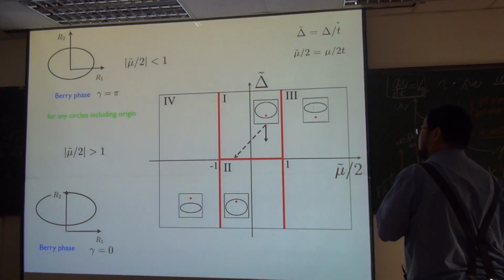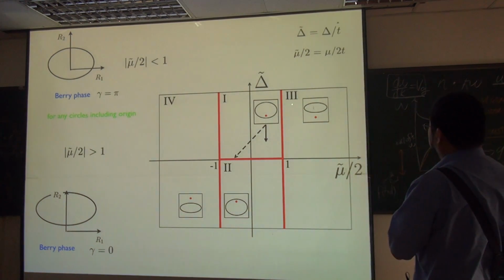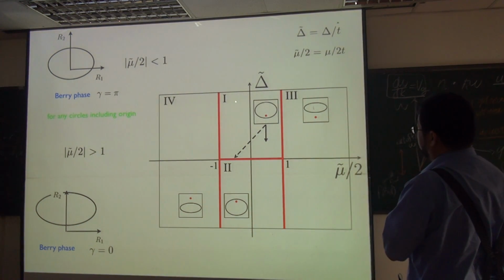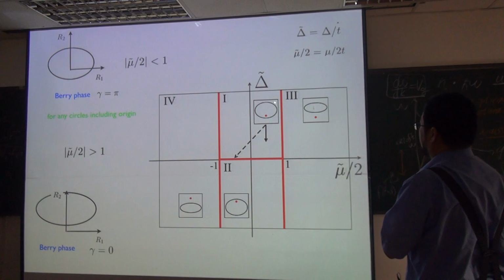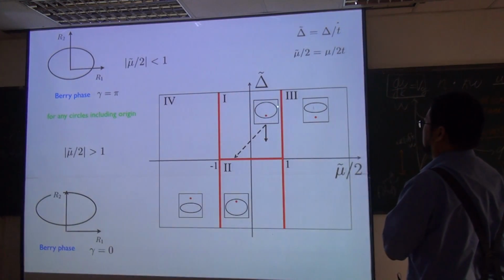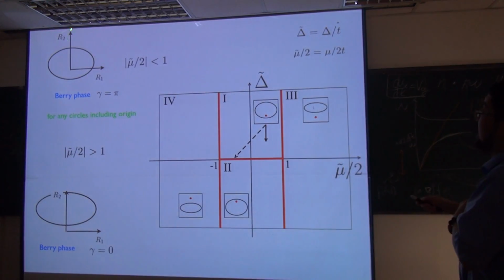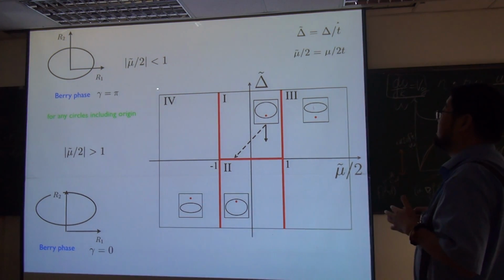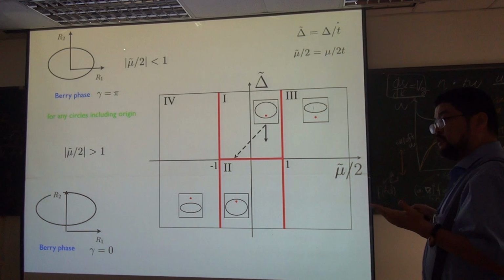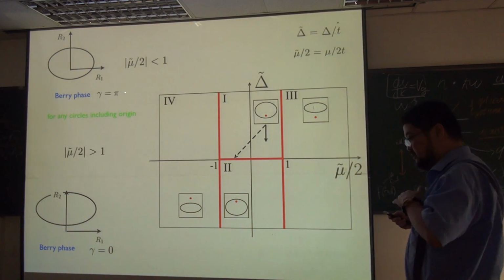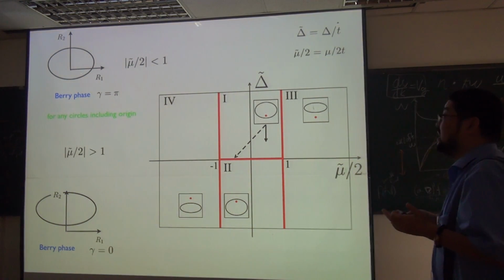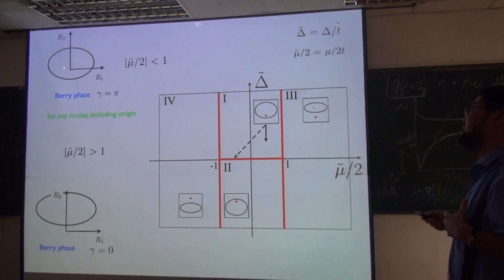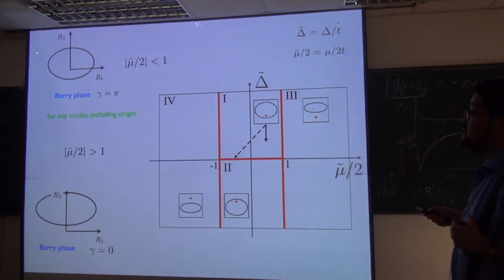But phase 1 and phase 2 are different because of chirality. This is R1 and R2. I mean, R is eventually the parameter in R dot sigma, and if you have P-wave superconductivity, you have R3 equal to 0, so you have only 2 dimensions. This is the so-called chiral symmetry.